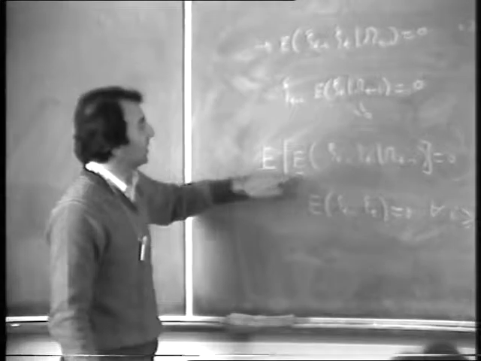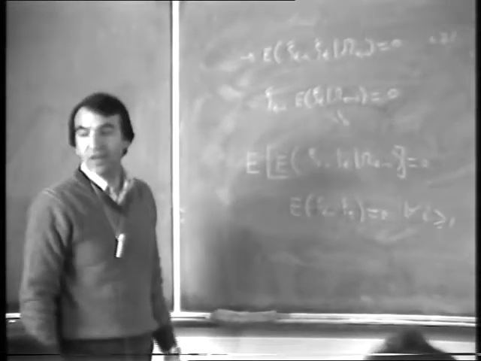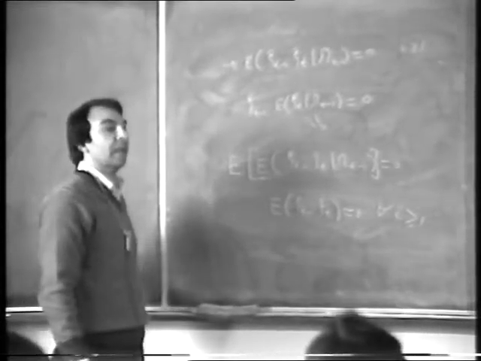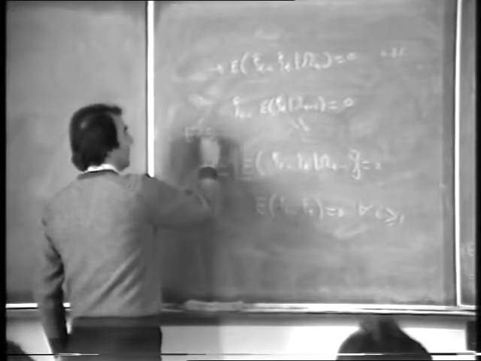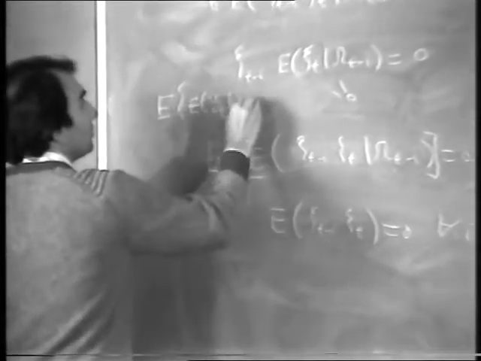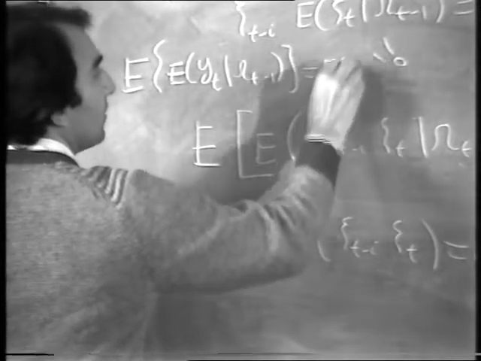Now, I should really have included this property in the set of properties which I set out before. I think you had better add it, which essentially says that the expected value of yt conditional on omega t minus 1, itself taken in expectation, is equal to the expected value of yt.